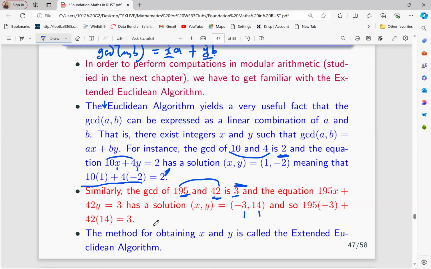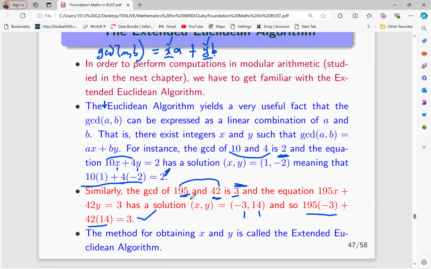When you use your calculator, you can get 3. Multiply this number by -3, then add this result, and you get 3. So this method of obtaining X and Y and then expressing the GCD as a linear combination of the two numbers is what we call the extended Euclidean algorithm.